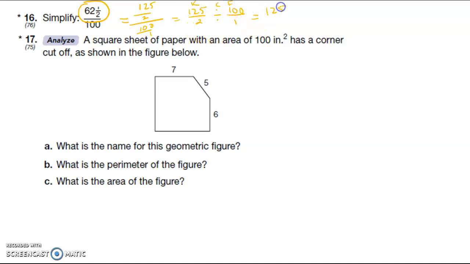So we have 125 over 2, change the divide to multiply, flip. 125 over 200. Let's divide by 25, shall we? I get 5 over 8.